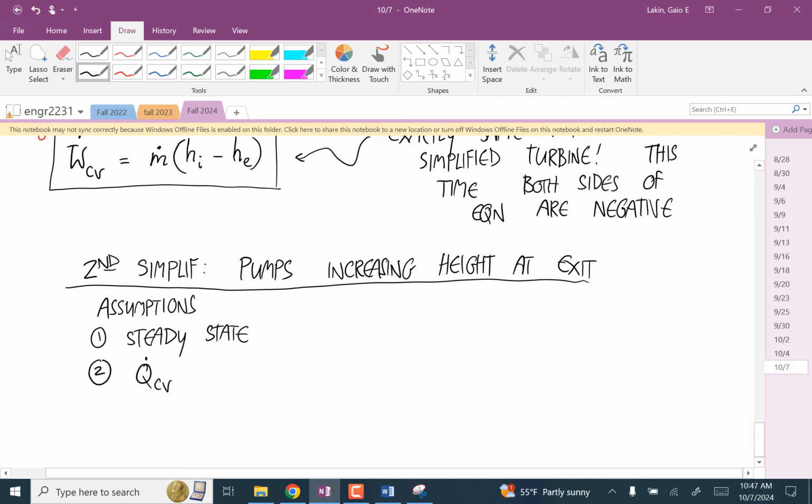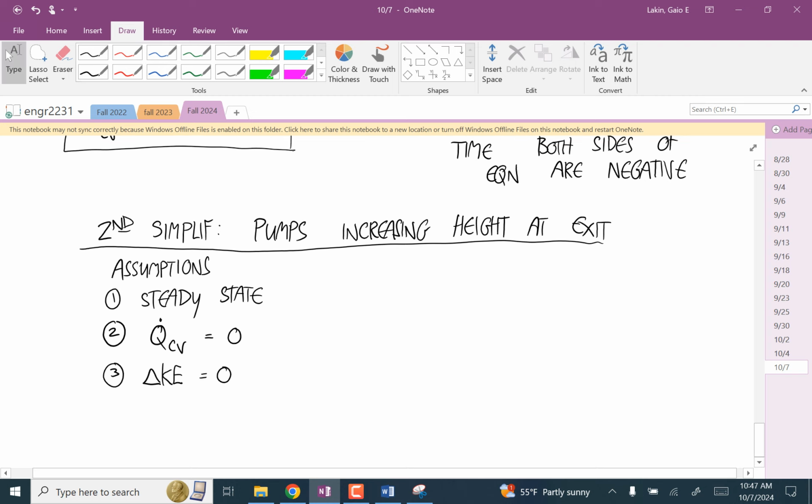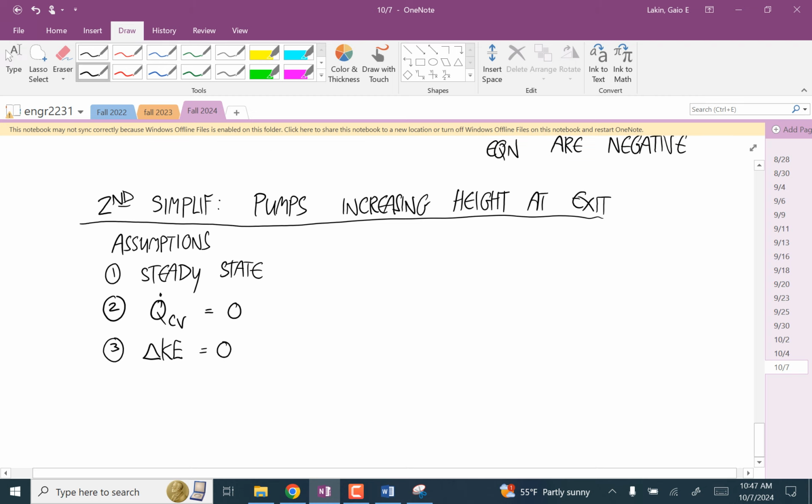No heat transfer. No important change in kinetic energy. And this time, we're going to assume that the pressure is the same at the inlet and exit.